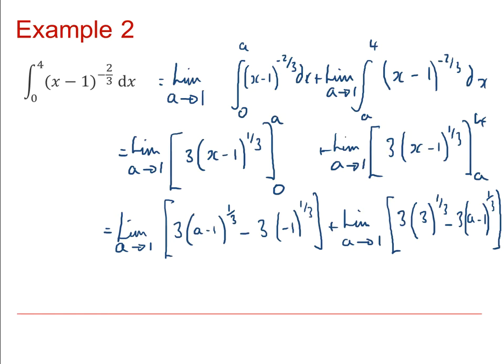But as a approaches 1, we can see that a minus 1 approaches 0. So in the limit then, we're left with negative 3 multiplied by (negative 1) to the power 1/3, and plus 3 multiplied by 3 to the power 1/3.